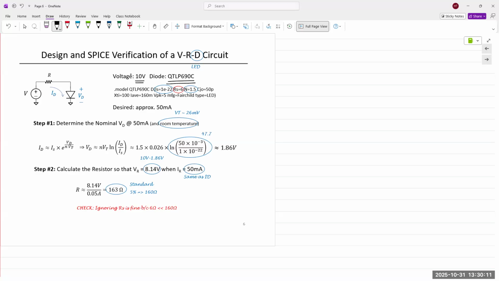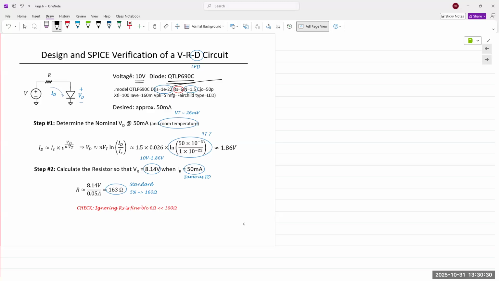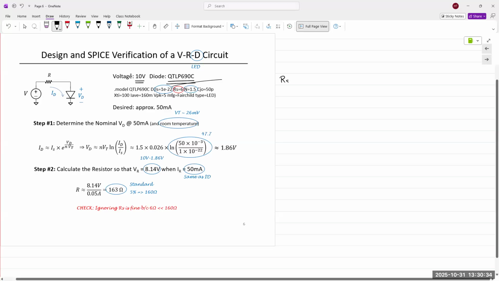When we open up the model of a diode inside the SPICE simulation software, there are different parameters that we can substitute. This specific model has a saturation current of 1 times e raised to minus 22. Very, very small saturation current. RS is a series resistance.